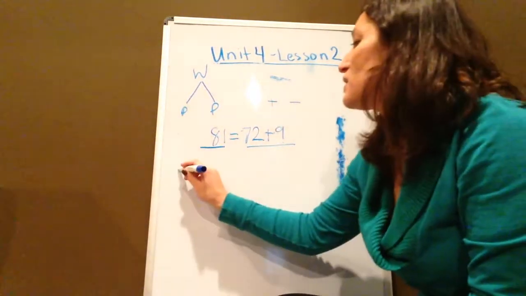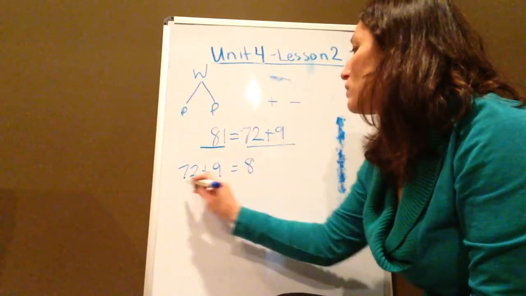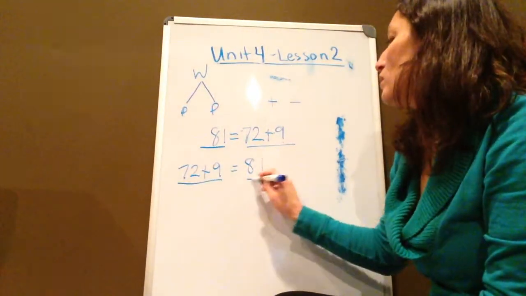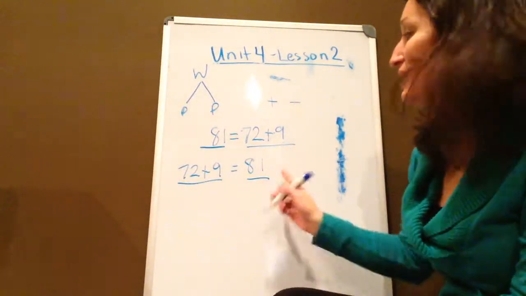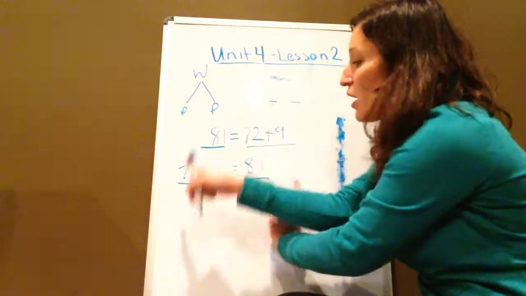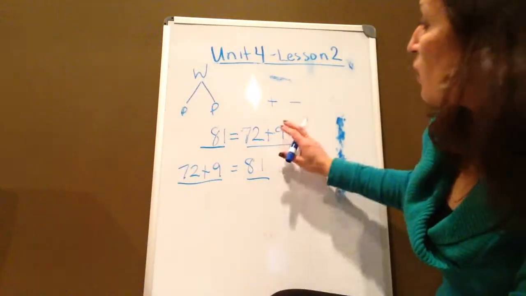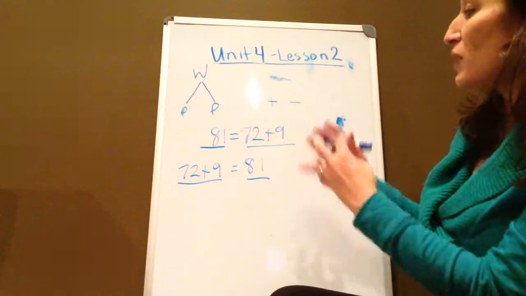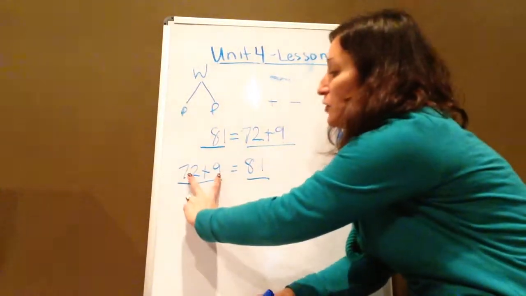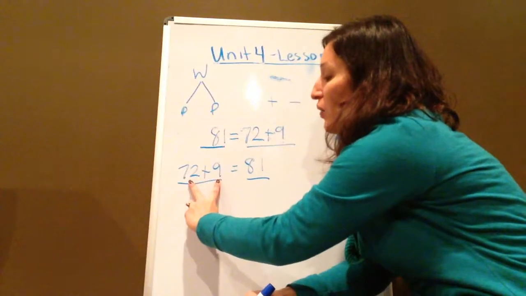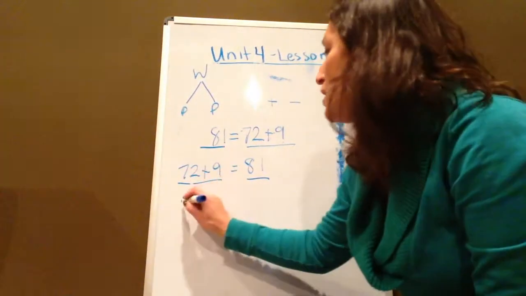So I could write it this way with the whole going first, or I could write it this way with the parts going together and the whole being at the end. It's the same thing. I actually flipped it to the other sides of the equal sign, okay? Now I've shown the two ways that I can put this together. I could also use the property to flip these two, because remember how the commutative property says it doesn't matter who goes first when we're adding.